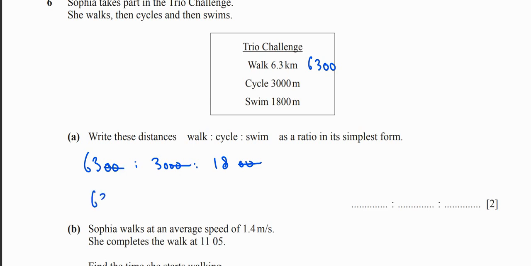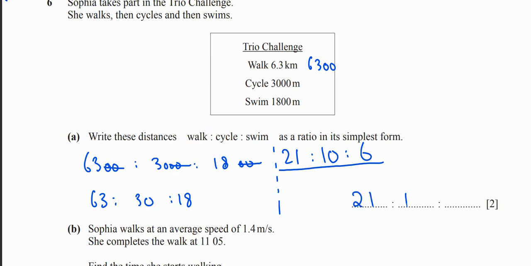So it becomes 63 is to 30 is to 18. So if I divide all of these numbers by 3, 63 divided by 3 is 21, 30 divided by 3 is 10, and 18 divided by 3 is 6. These cannot be simplified any further, so 21 is to 10 is to 6.